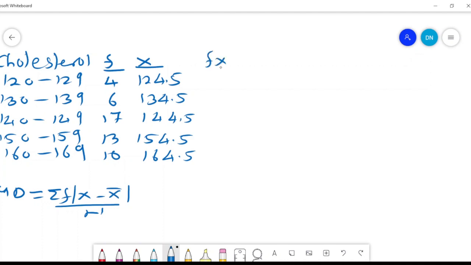So I need to get f times x. I'll multiply f times x. That is f times x is 498, 807, 2456.5. That is 17 times 144.5. And then 13 times 154.5 is 2008.5.